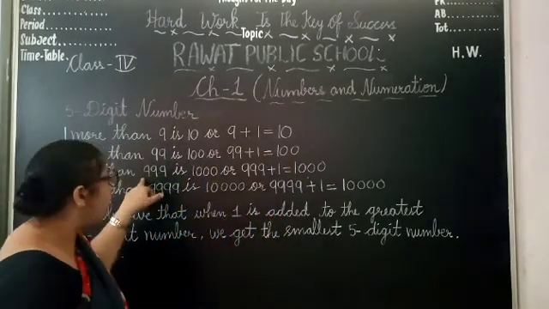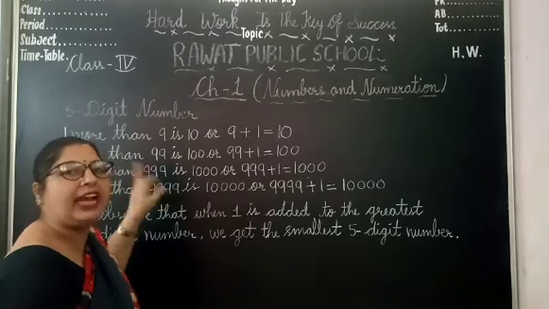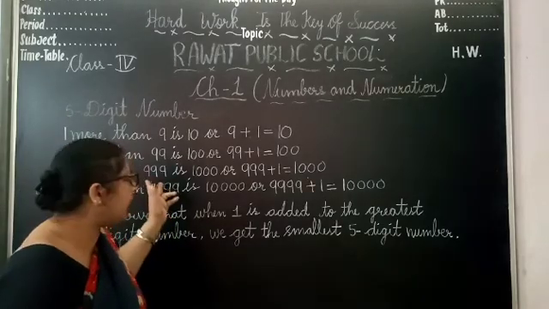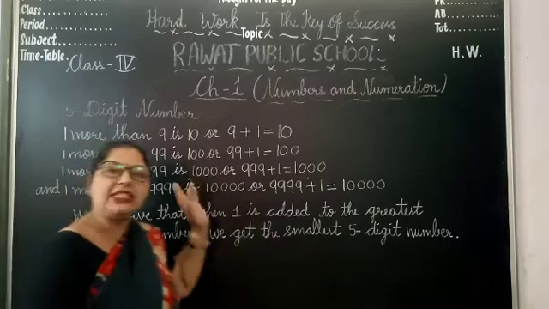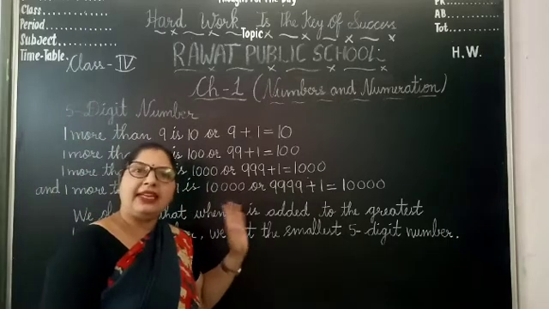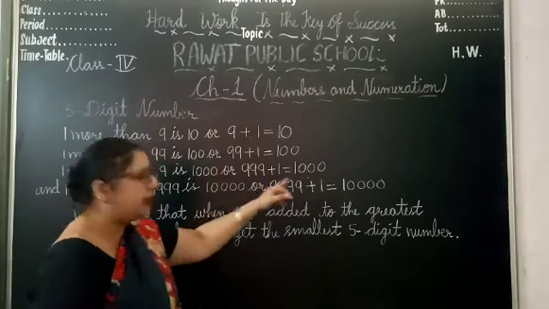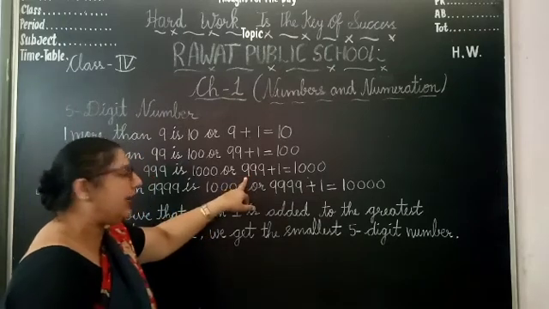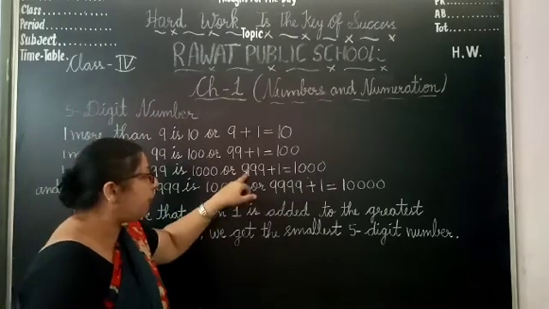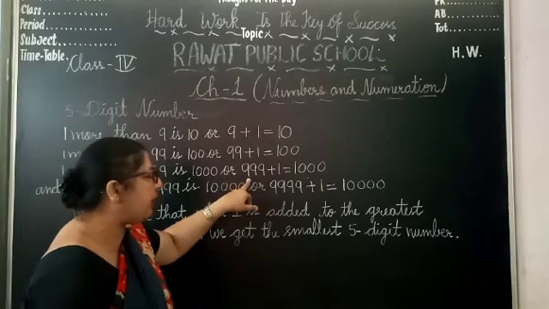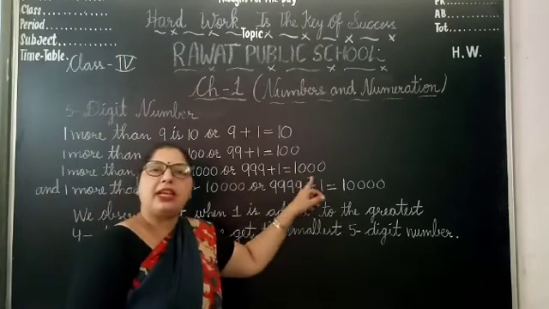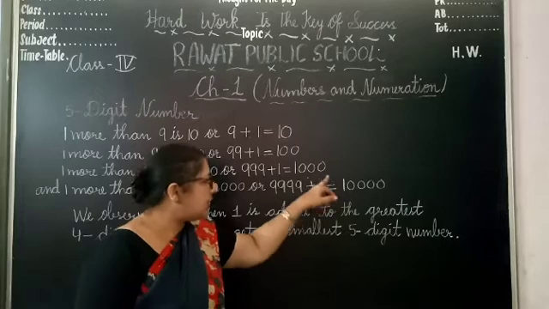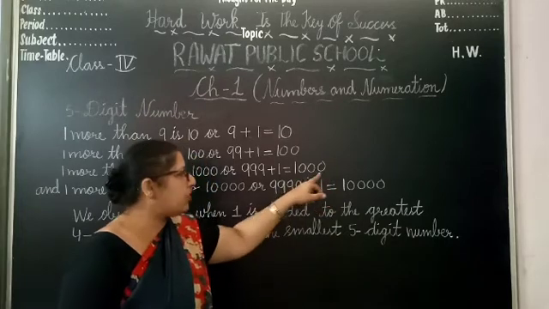When we add 1 to 999, the greatest 3-digit number, the answer is 1000. 999 plus 1 is equal to 1000. So we get the smallest 4-digit number. 1000 is the smallest 4-digit number.